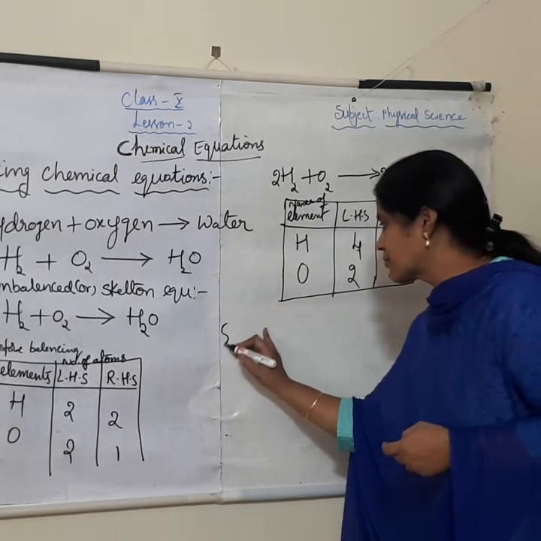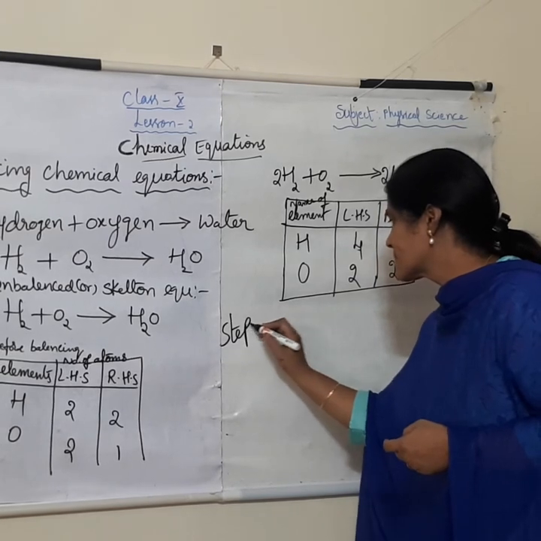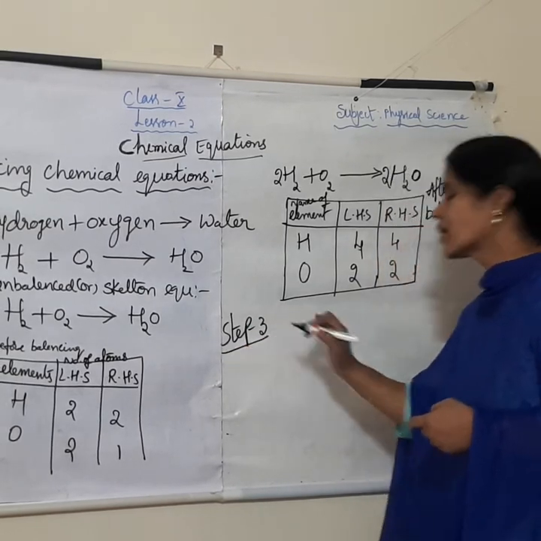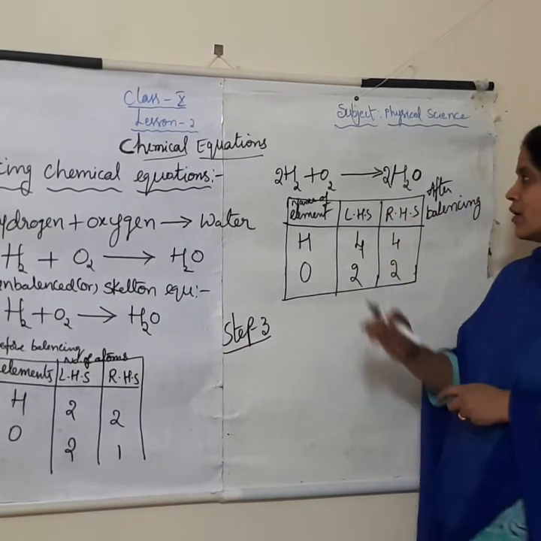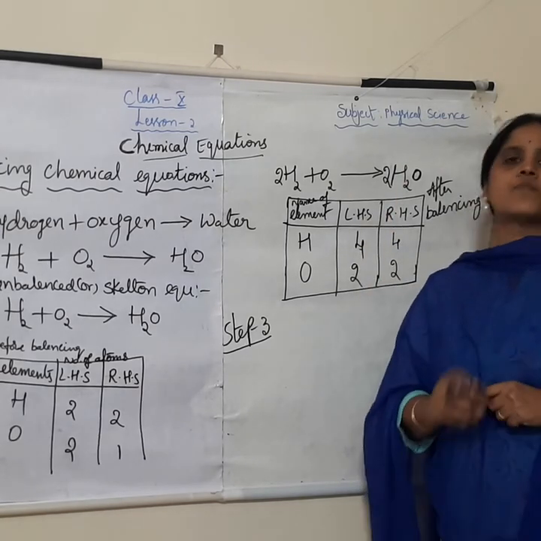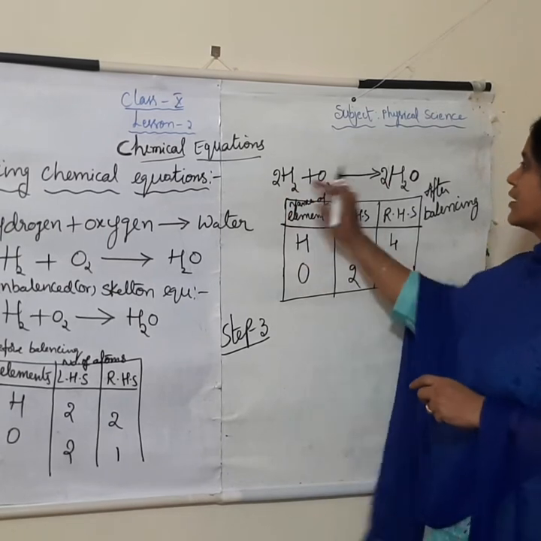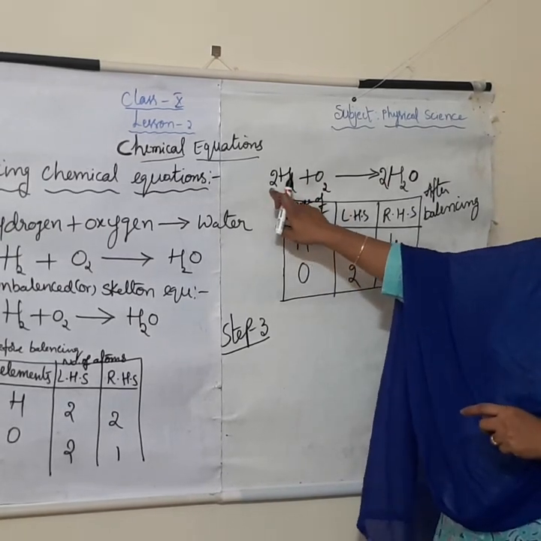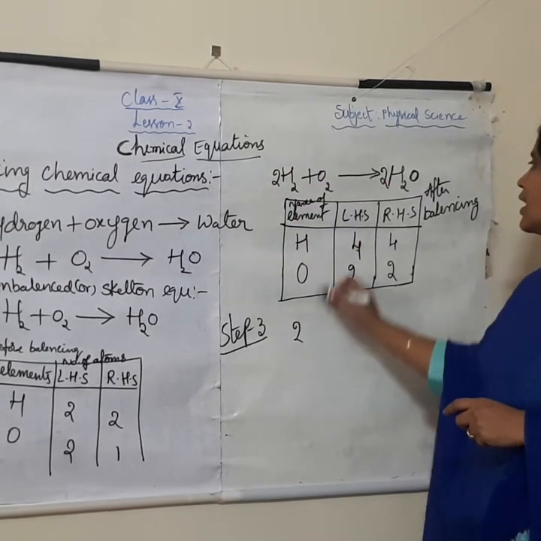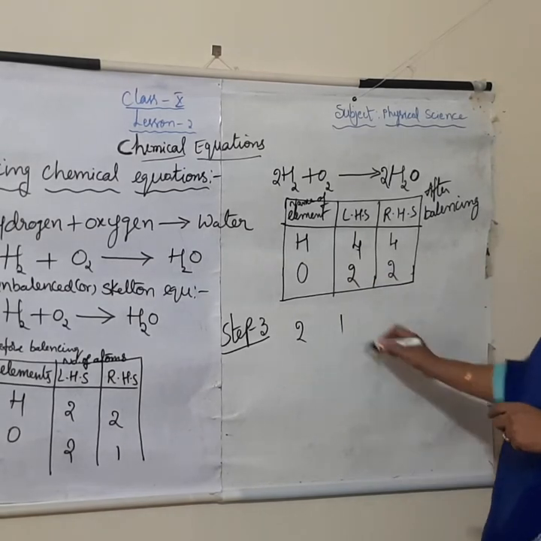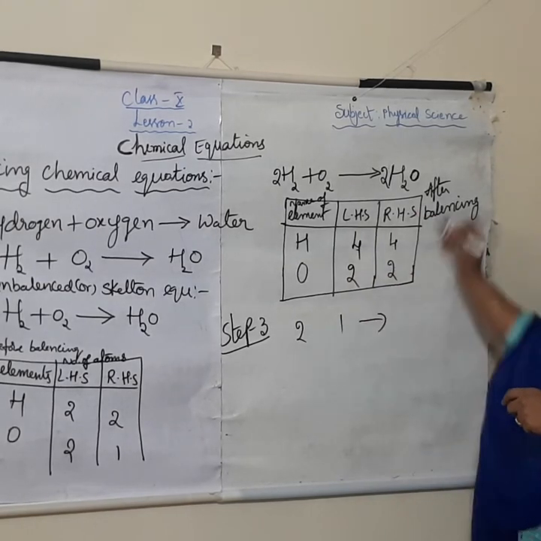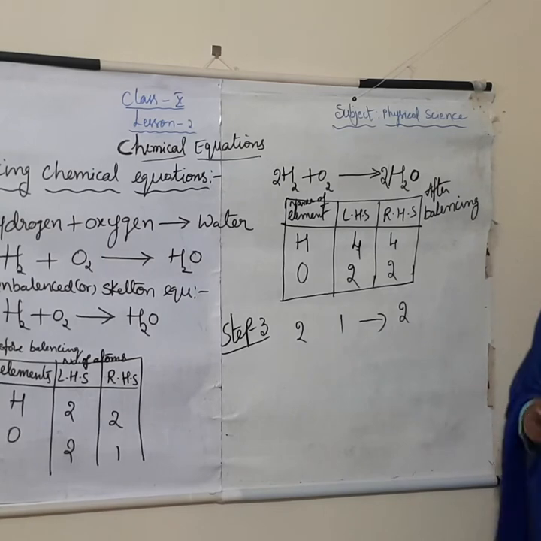Next, step 3. In step 3, we make the ratio of the compounds into the short form. For example, here the ratio means 2 molecules of hydrogen and 1 molecule of oxygen combine to give 2 molecules of water.